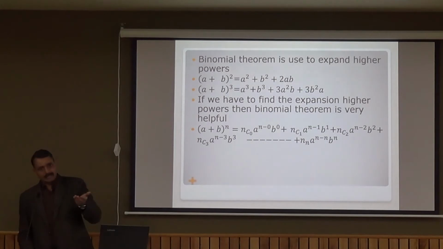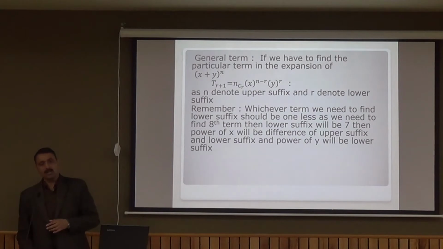We come to nCn a^0 b^n. Wherever the lower suffix and the upper suffix become equal, our expansion will be over.